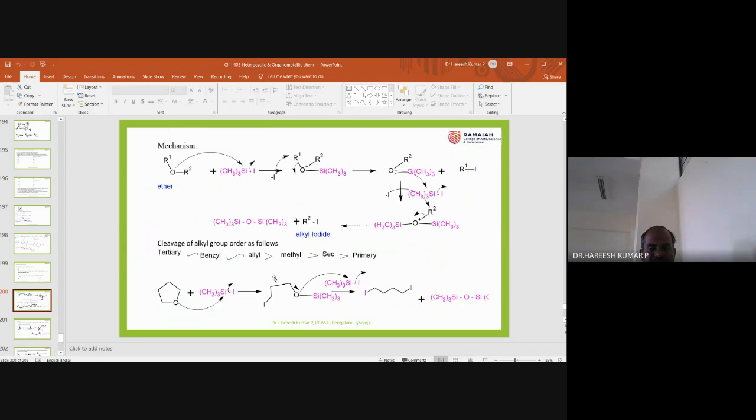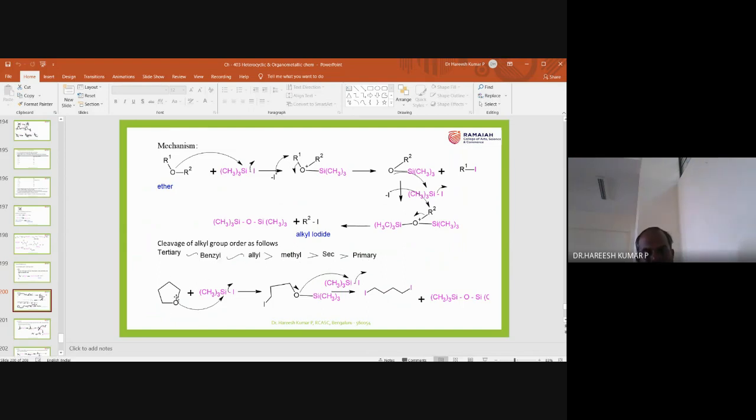So these three take approximately equal priority: tertiary, benzyl, allyl. Otherwise, allyl takes the priority compared to the methyl group. Methyl takes the priority compared to the secondary. Secondary takes the priority compared to the primary. So this is the order.